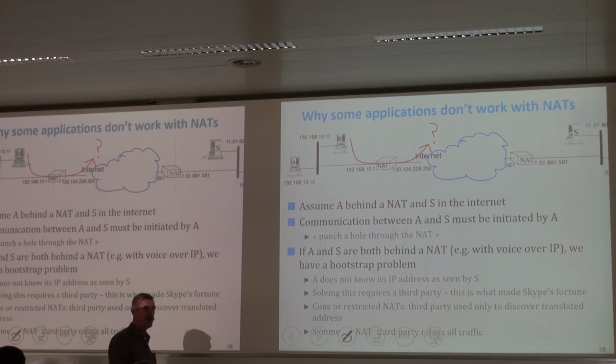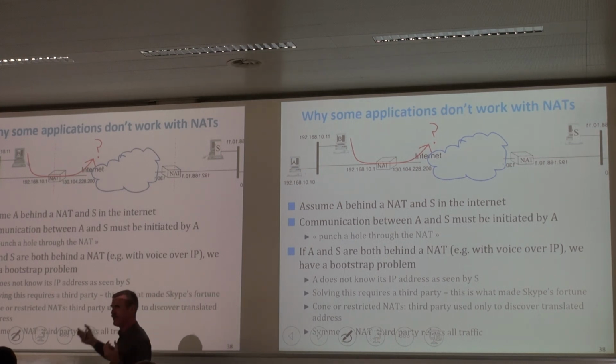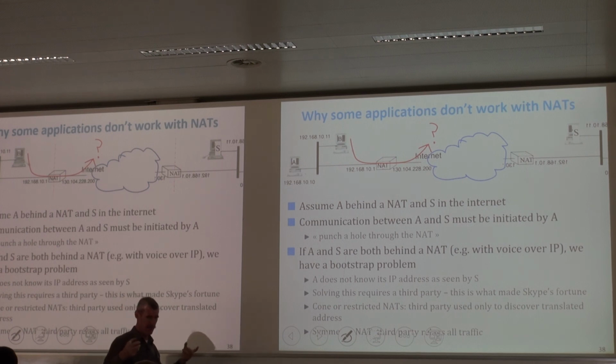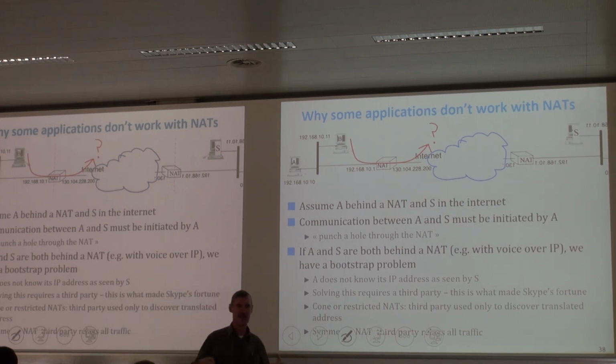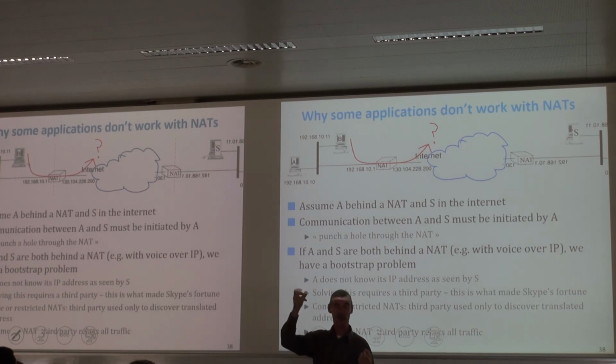It's possible if it's asymmetric, but if both are behind NATs, like if A calls B at home using Skype, and both are behind the NAT, then it won't work directly. Skype works, but it doesn't work by sending directly from A to B. It will need an intermediate box in the middle to connect to, and then the two will connect to the intermediate box.